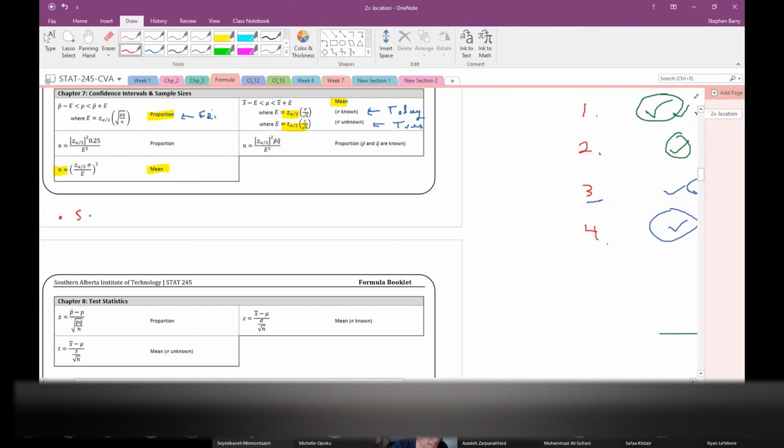Because sampling takes time. Samples are expensive, especially testing O-rings, right? Sampling is expensive and time consuming. And that's why companies always get into trouble, is because it's expensive, so they don't do enough of it.